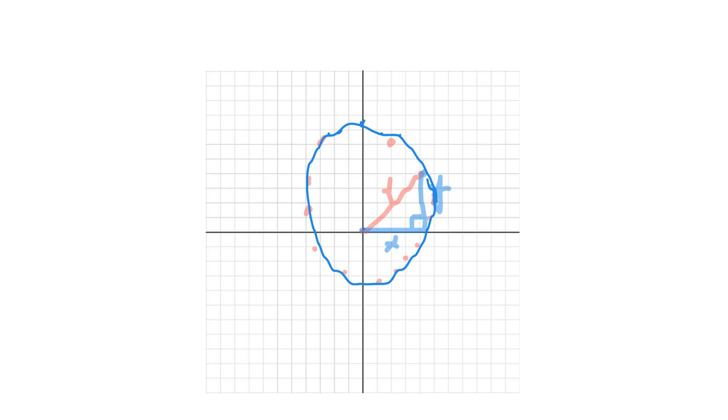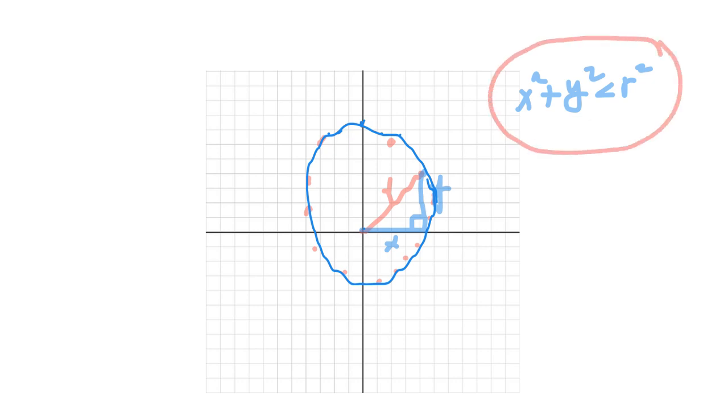If we use the Pythagorean theorem, then we should get x squared plus y squared equal to r squared, where r is the hypotenuse of the right triangle and at the same time the radius of the circle. Now if the circle is centered at the origin of the coordinate plane, then this equation would be the equation of that circle.